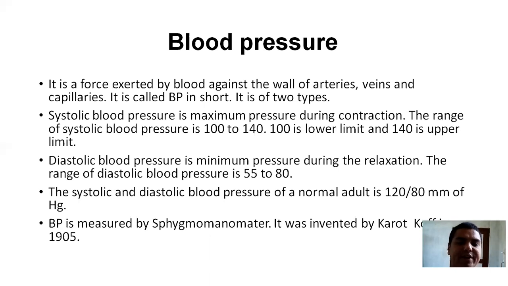It may range from 55 to 80 mm of Hg. The systolic and diastolic blood pressure of a normal adult is 120 by 80 mm of Hg. BP is measured by sphygmomanometer. It was invented by Korotkov in 1905.